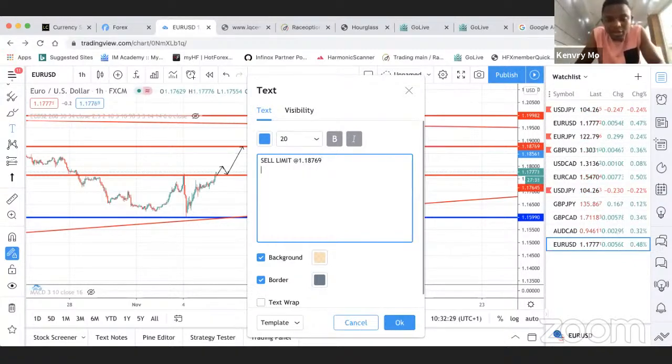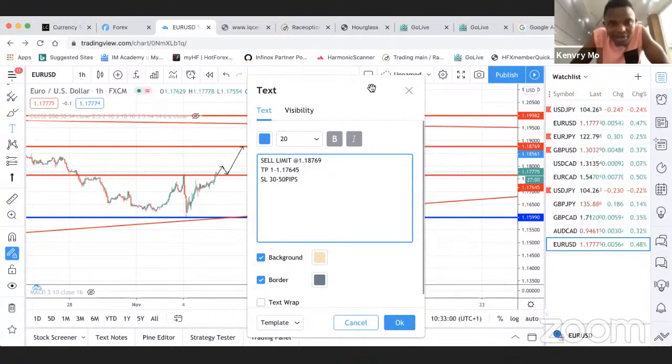All right. And TP1 is 1.17645. Stop loss between 30 to 50 pips.